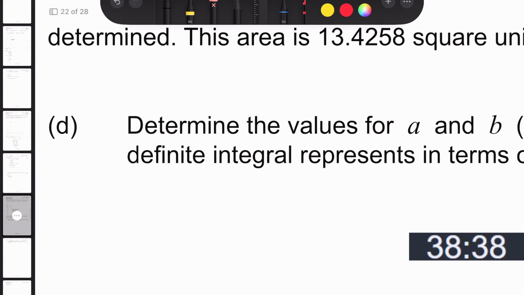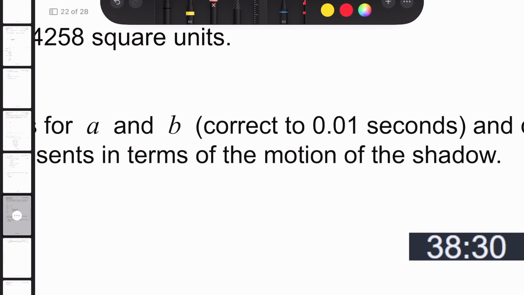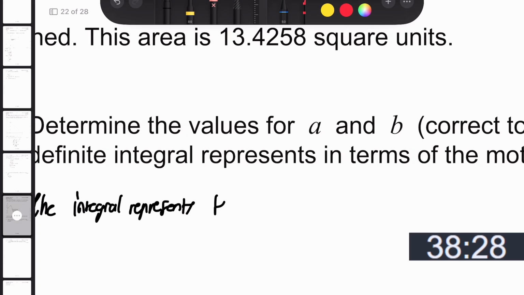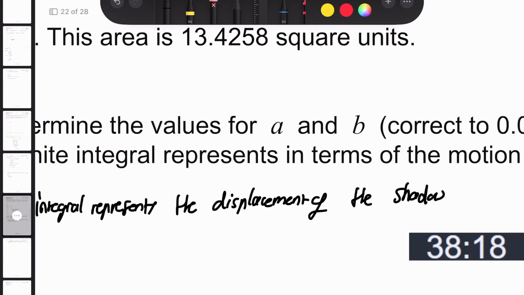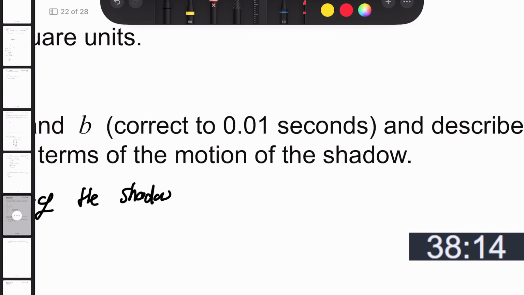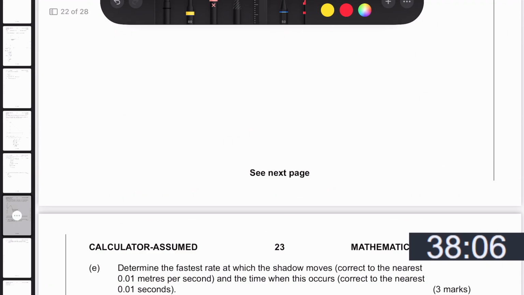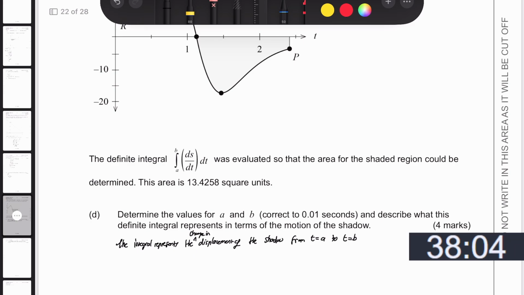The integral represents the motion of the shadow, it represents the displacement of the shadow, the change in the shadow from t equals a to t equals b. Determine the value for a and b.